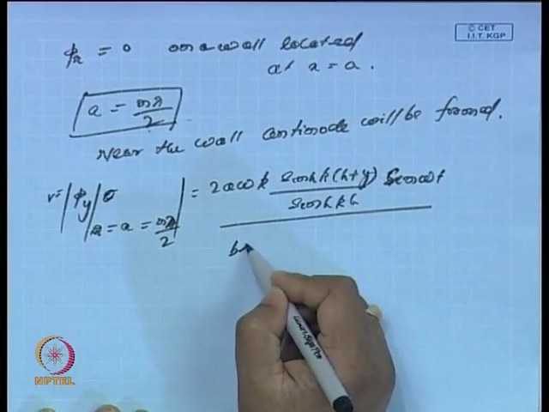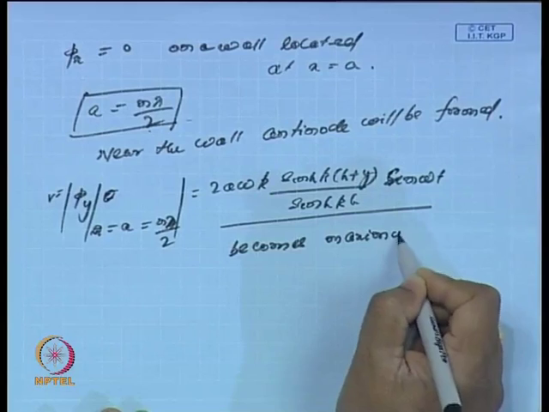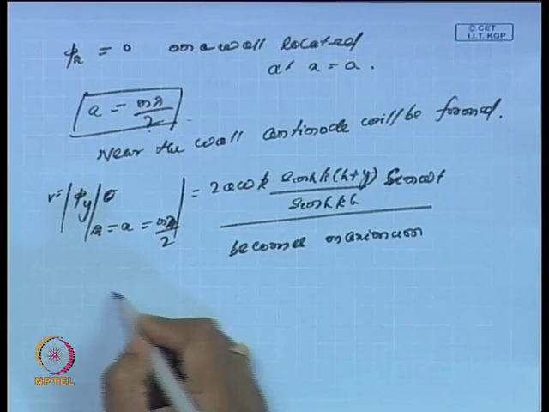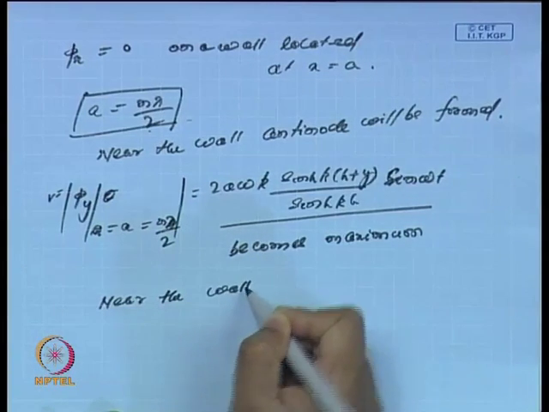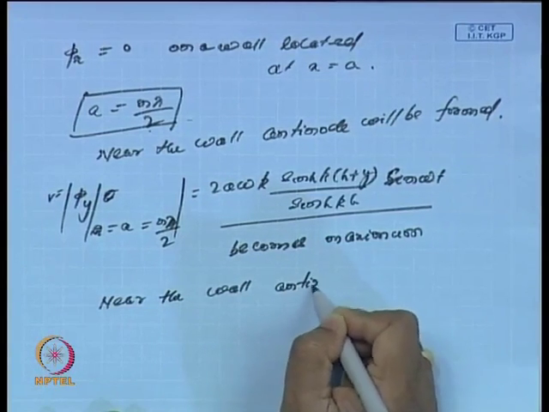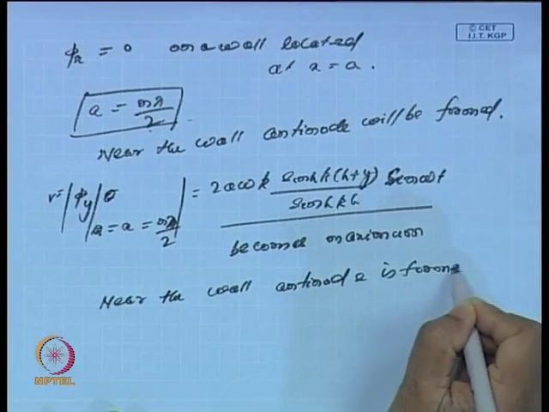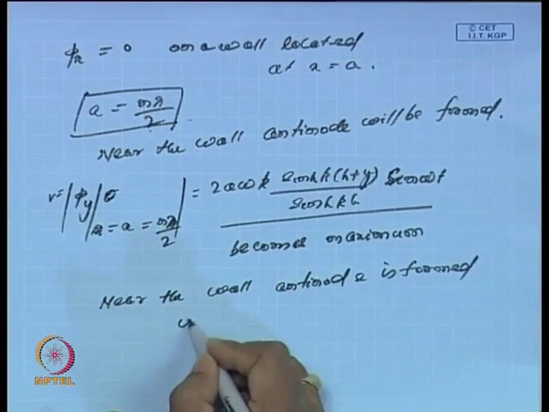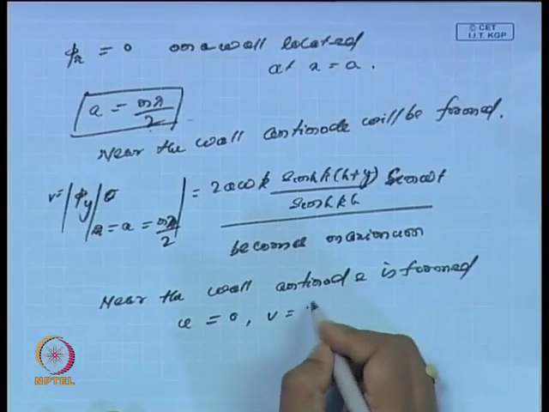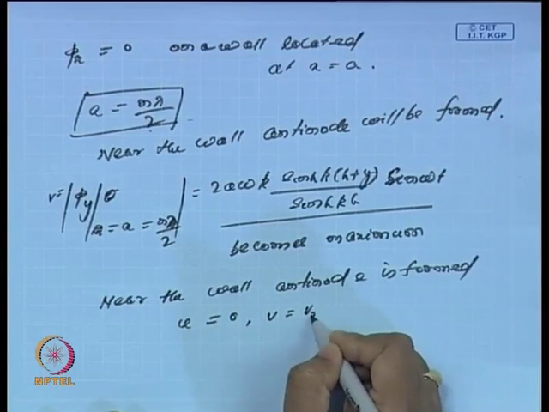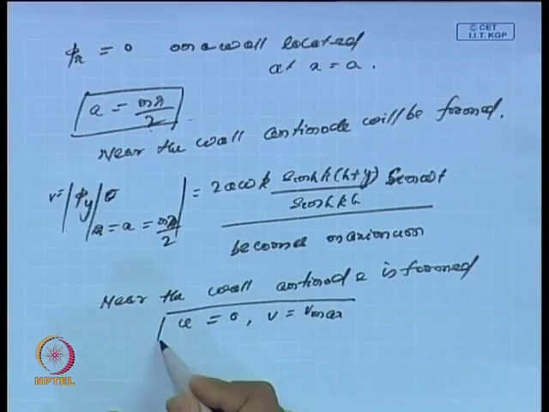So although in a standing wave an antinode is formed near the wall, the horizontal velocity u is 0, but at the same time v becomes maximum, v max. So that is what happens here.